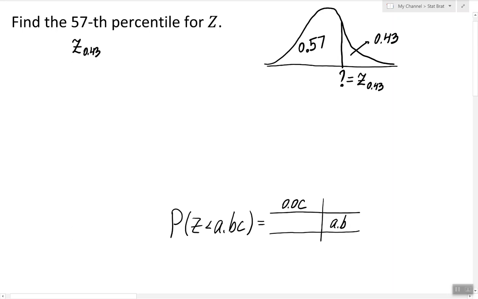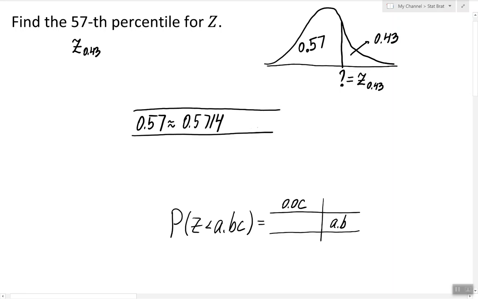z.43. And to find z.43, we look for 1 minus alpha, which is 0.57, or the value that is nearest to 0.57 inside the table. So if we look inside the table, we'll find that the nearest value to 0.57 is 0.5714, and then we'll simply read the margins of the table.